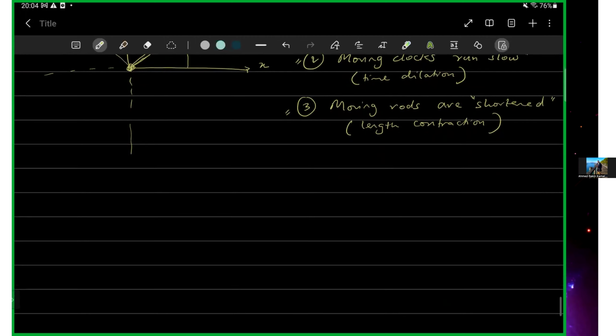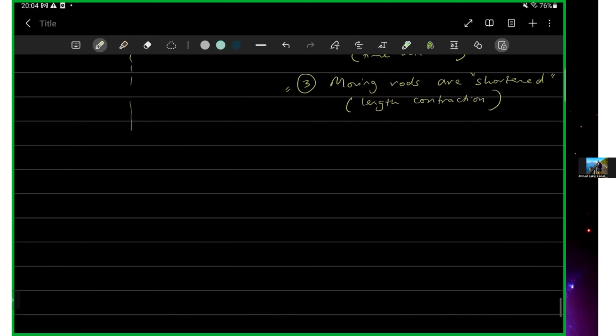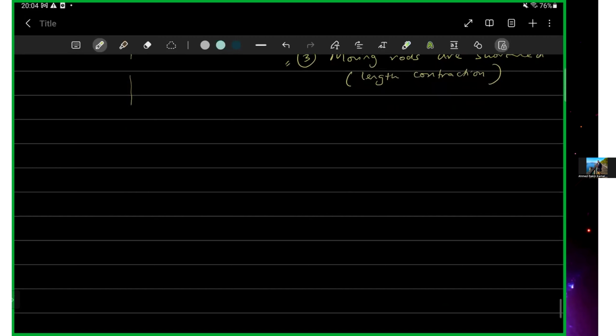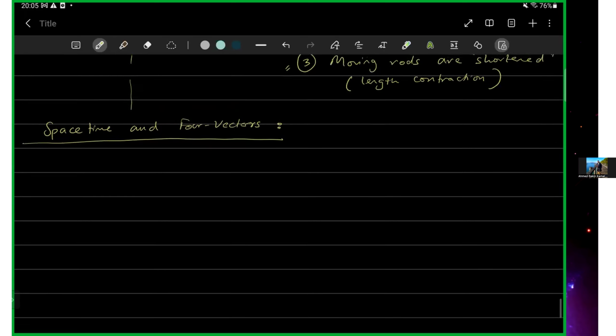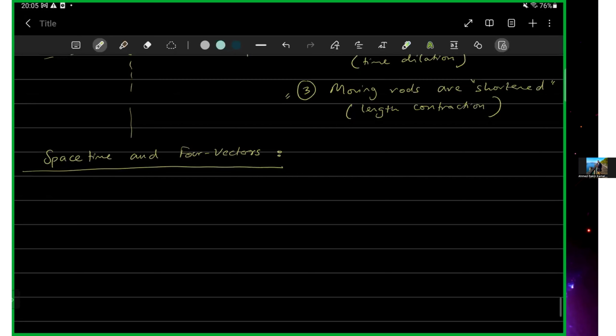Okay. So the next important thing to define in special relativity is, of course, the space-time. And how do we incorporate four vectors in the space-time? So space-time and four vectors. Although we understand that you can have an analog of rotation, we know that rotation would change components of vectors.